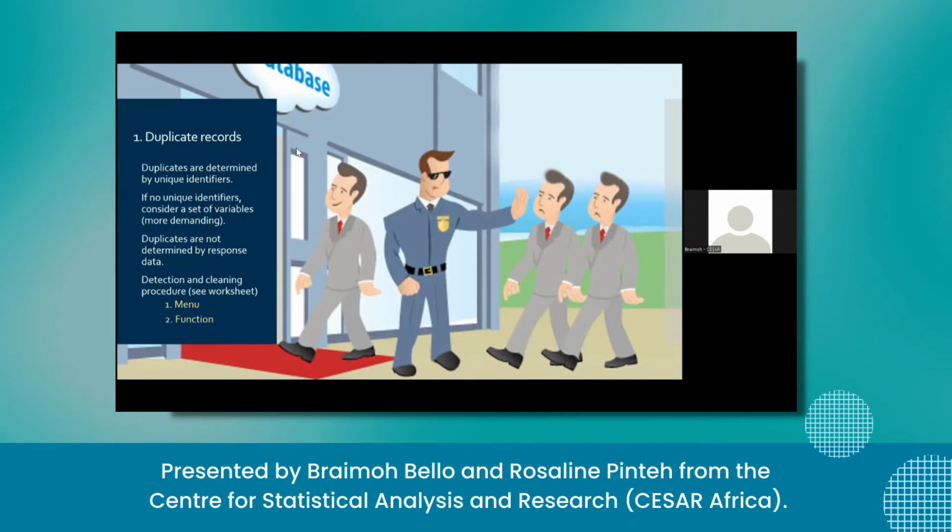You don't say two records are duplicates because the two records provided the same data from A to Z. There is that likelihood to find two people in a school, in a survey, in a data set that have the same age, the same gender, the same race, the same place of birth, and so on and so forth.